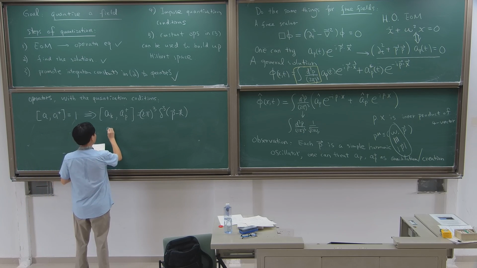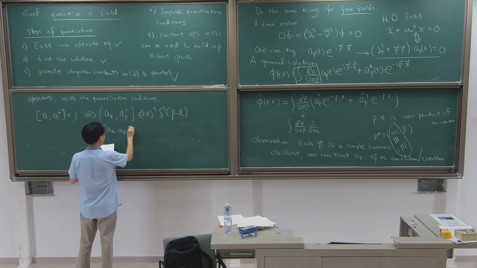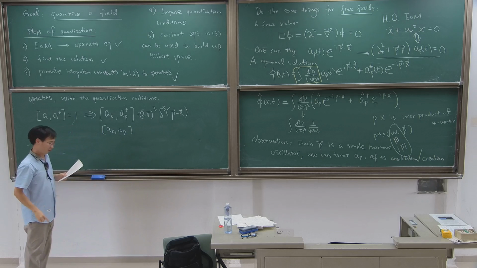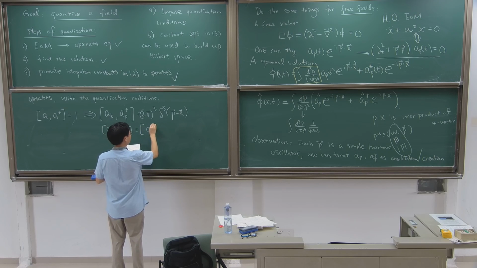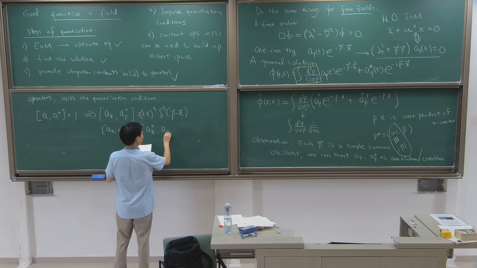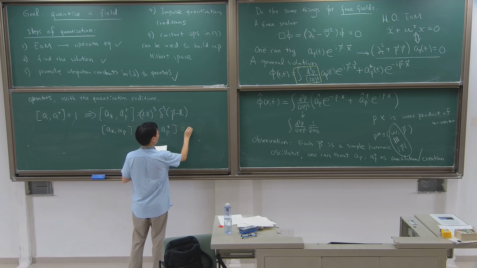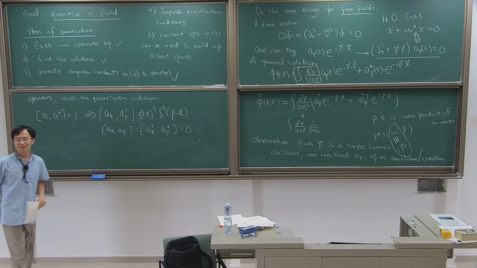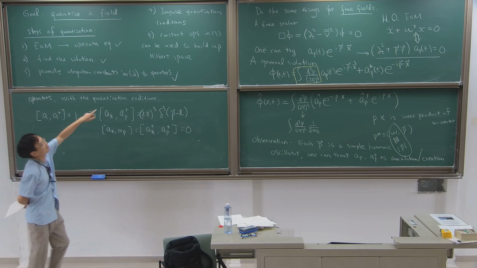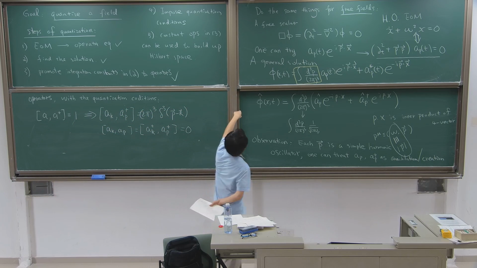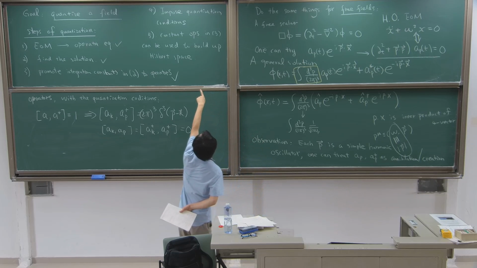And as before, we have some other trivial commutators. Let's say if we take a commutator of a with a, whatever k and p are, and likewise for a dagger with a dagger, it will always be 0. Simple enough? Yeah, that's step 4. Step 4, we have to impose quantization conditions.